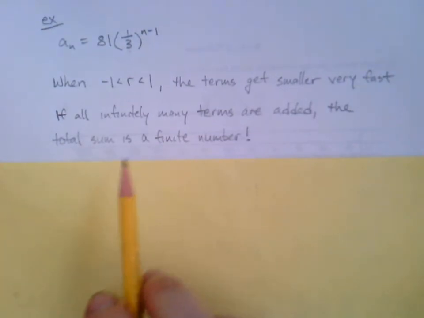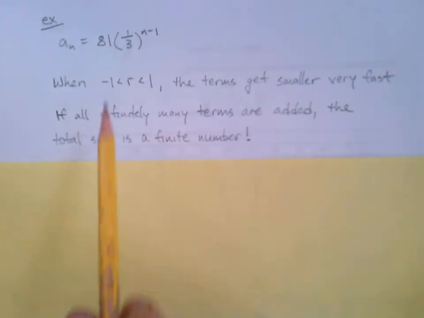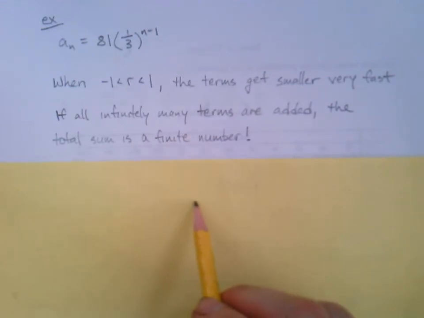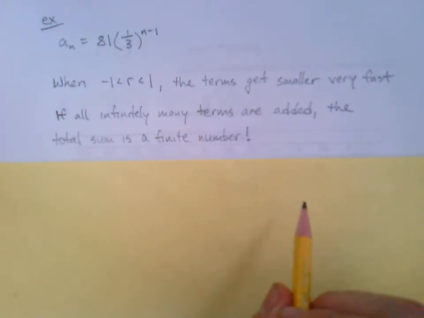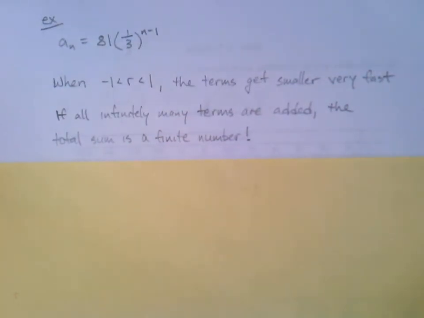Well, I'll show you. If you add all infinitely many terms to this sequence, it won't go into infinity. It'll start to get bigger, and then it'll level off. And you'll still be adding more and more numbers on, but those numbers are going to be so tiny that I think leveling off is a good way of explaining it.